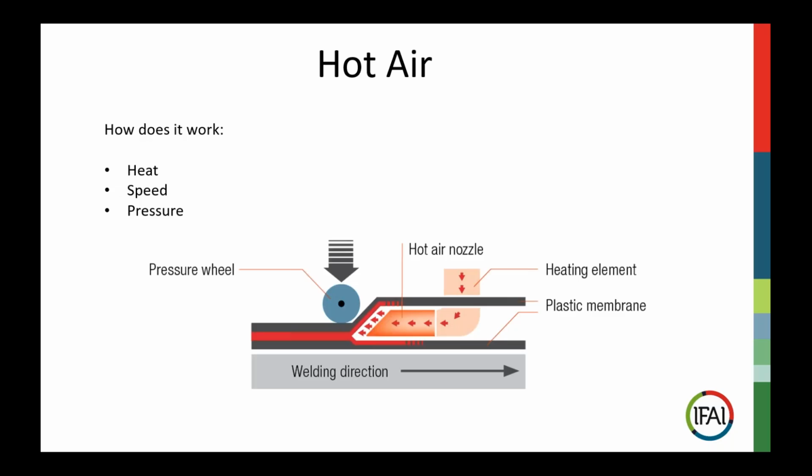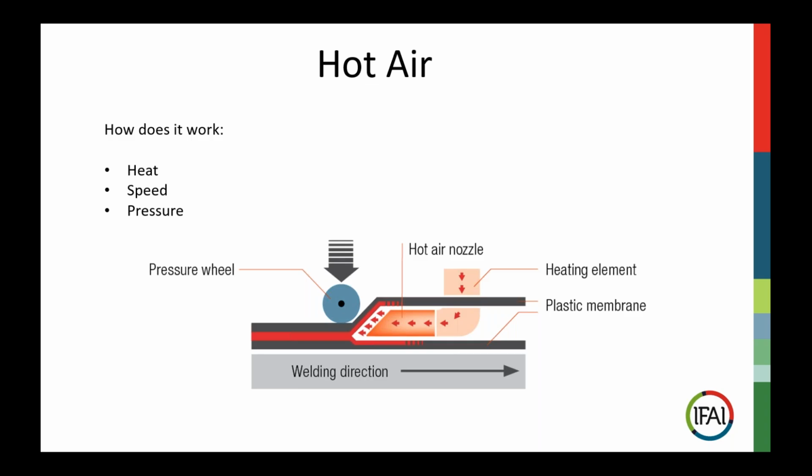So how does hot air welding work? Well, similar to what Jason had stated, heat, speed, and pressure are the key to welding in almost all these technologies. The heat in this process comes from a heating element in which air is blown over that element and out of a nozzle. That nozzle then focuses that hot air between two layers of material in which you want to be welded.